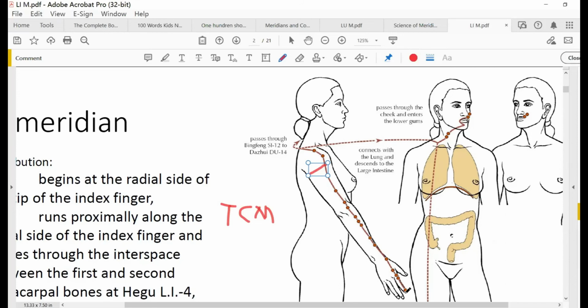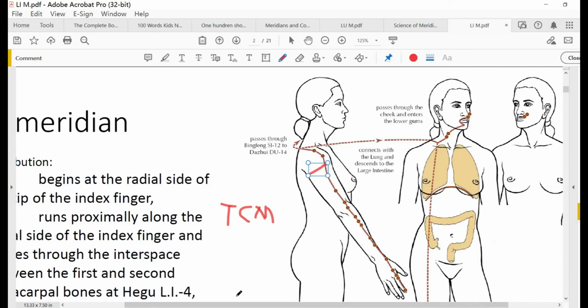First, is it anterior, middle, or posterior? It's close to the thumb.